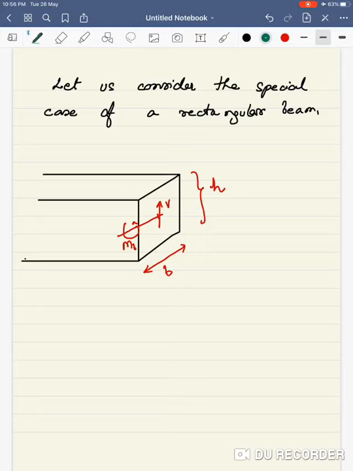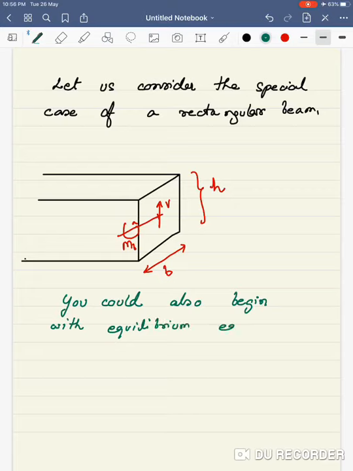You could also begin with the equilibrium equations in this particular case.